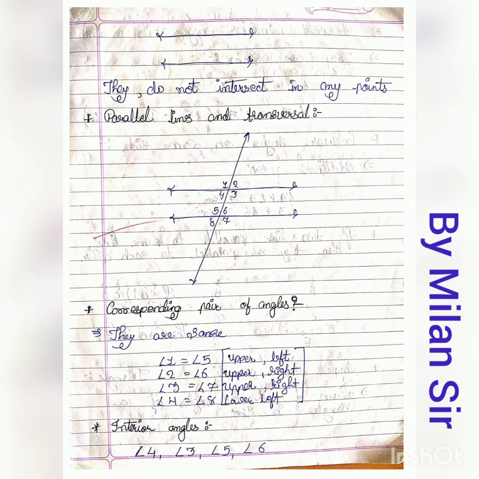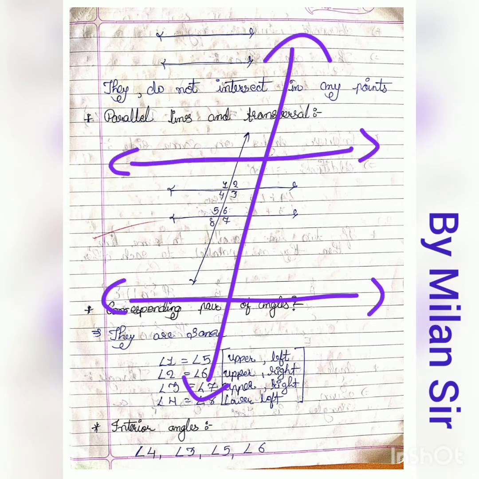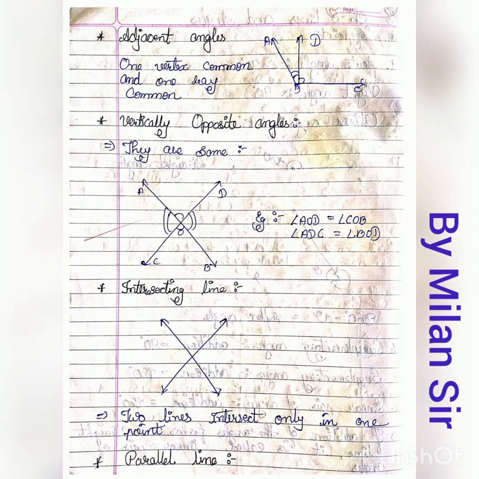After that, parallel lines and transversal. We already learned about the transversal in standard 8, lines and angles, right? In a transversal, two parallel lines are there and one transversal is there.